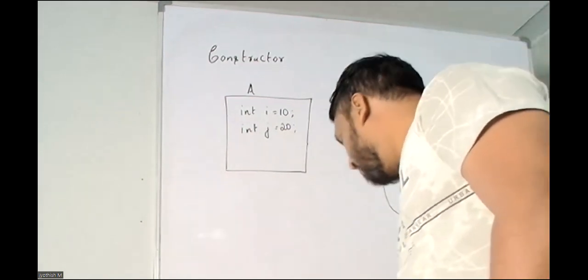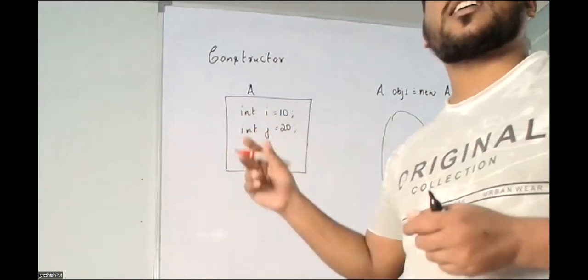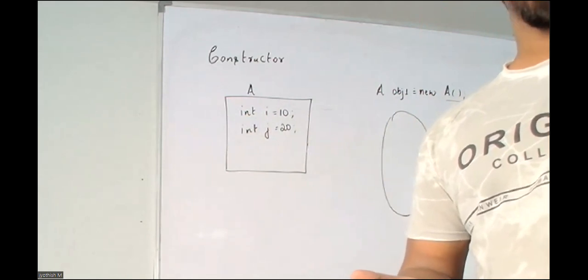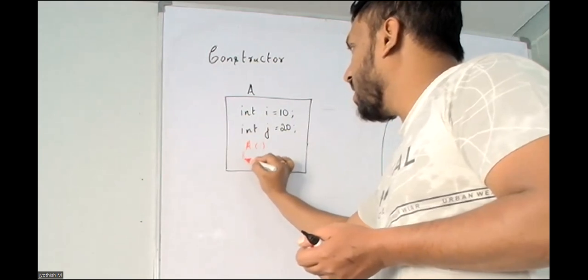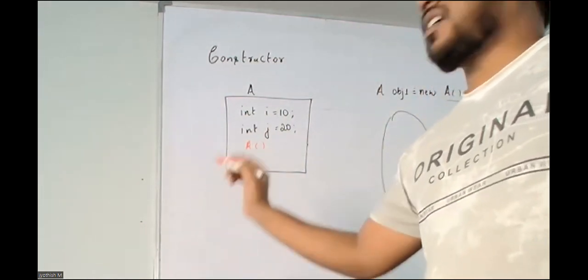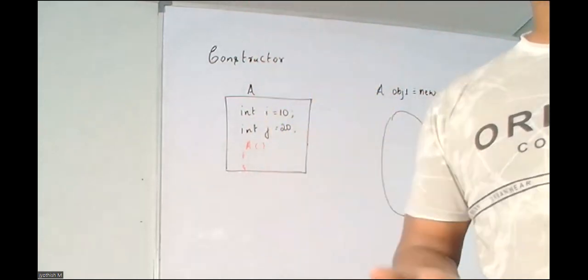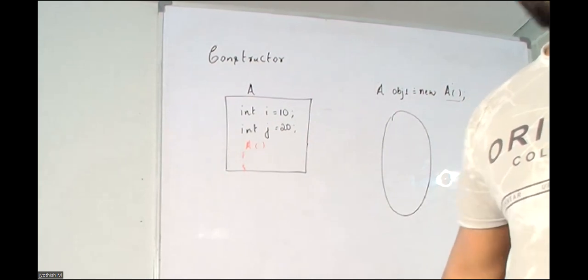But what happens by default if you are not writing the constructor, the compiler will add it, but the constructor name is the same as the class name. You're getting this?